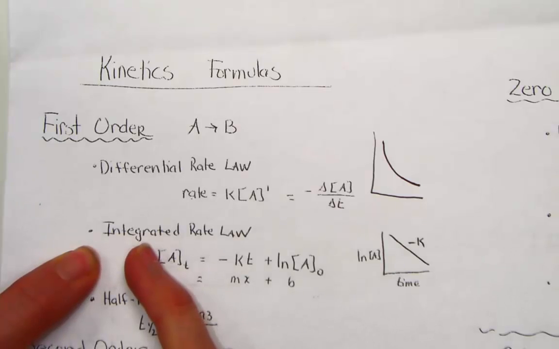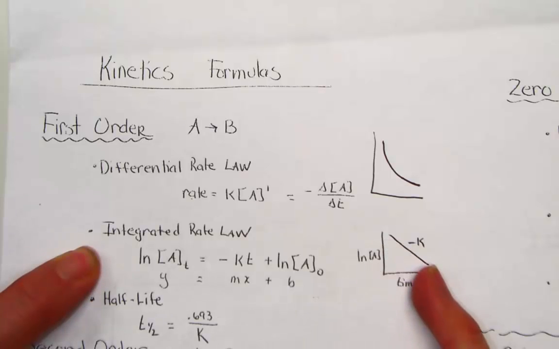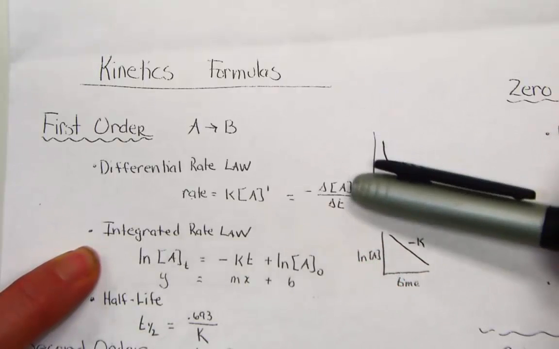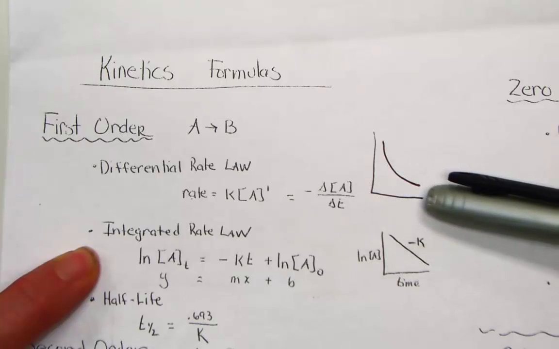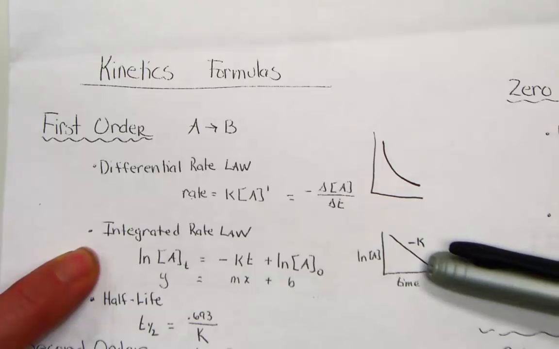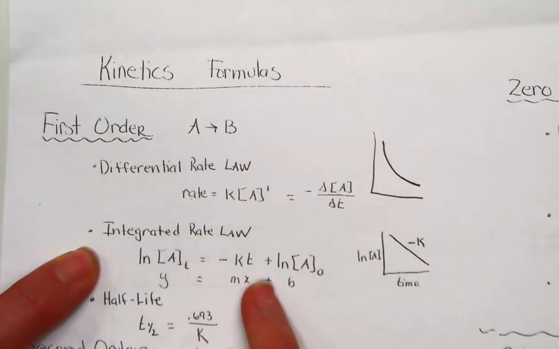Through the help of calculus, we are turning our curve into a straight line that has a y equals mx plus b format. By changing the concentration on the y-axis and the time on the x-axis into a straight line function, we are now able to relate the concentration of the reactant at any point in time in our experiment.